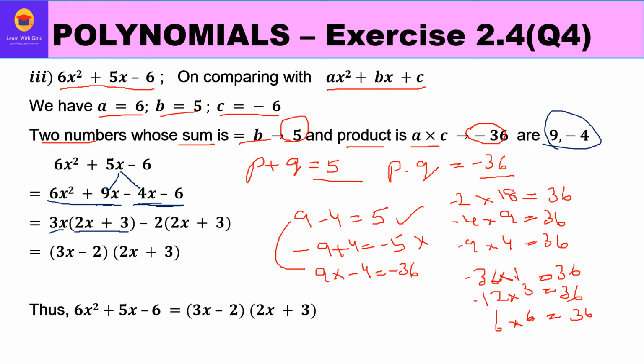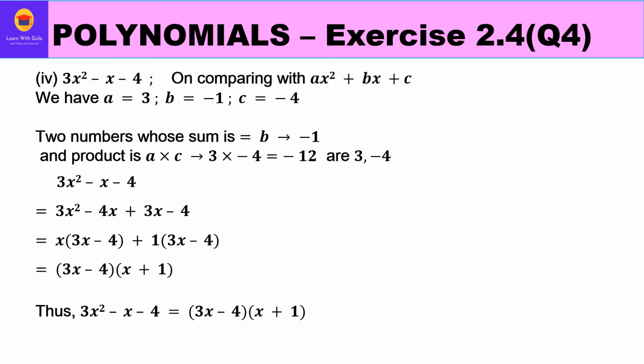Over here we can take minus 2 common and we are left with 2x plus 3. Now 2x plus 3 can be taken out common, and inside we are left with 3x minus 2. Right? Either you write a into b or b into a, it is the same. The product remains the same. So one of the factors is 3x minus 2, the other factor is 2x plus 3, right?